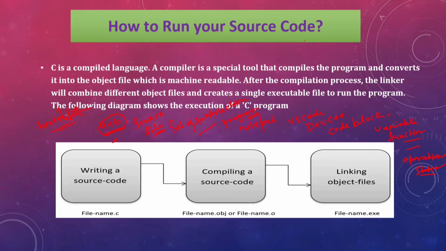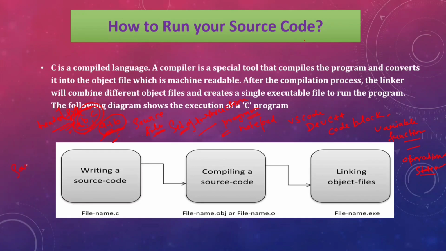After adding the header files, you create some variables like A, B, C, and apply some logic on those variables to achieve the result. Basically, you are giving instructions to the computer to perform this operation. This set of instructions is called a program, and this program is called your source code.